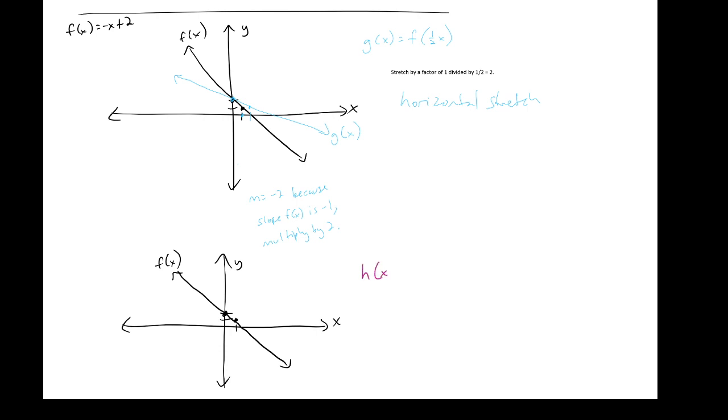The h of x is going to be 2 times the f of x. This is what I was doing before, right? And this guy is going to go down 2 and over 1 to get us this stretch. Okay? And this is going to be a vertical stretch.